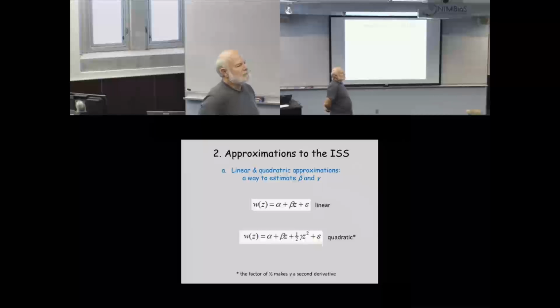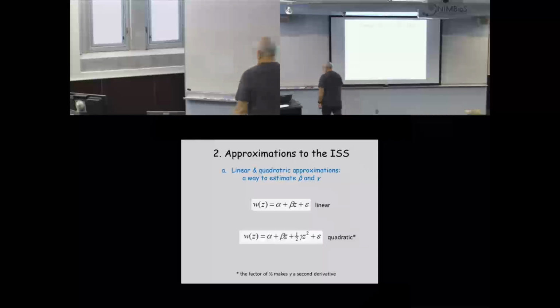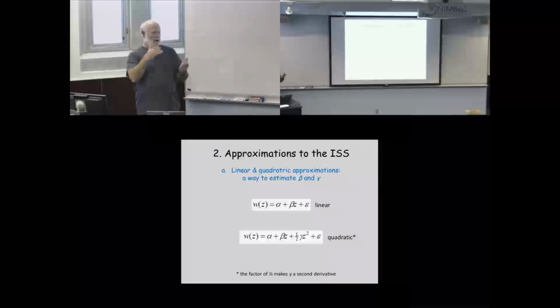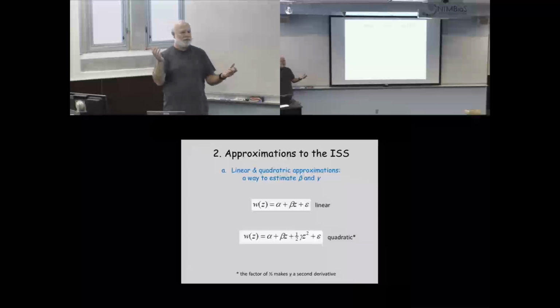Mm-hmm. Not obvious, is it? There's lots of discussion of this in the literature. But we will talk about this more if you want. Yeah, it could be. So this works irrespective of whether the fitness measures are binary, continuous, whatever the distribution of W of Z.